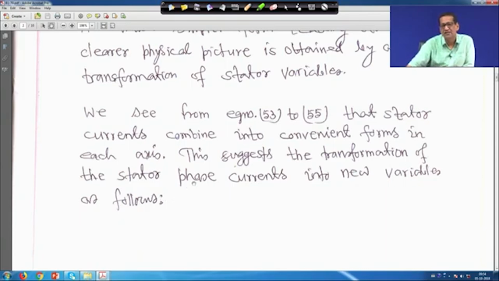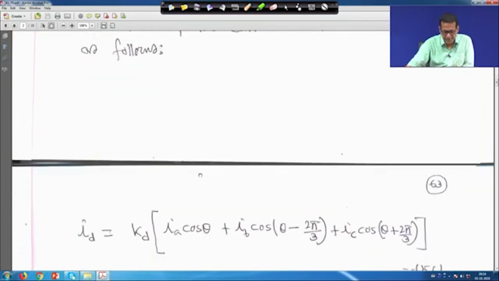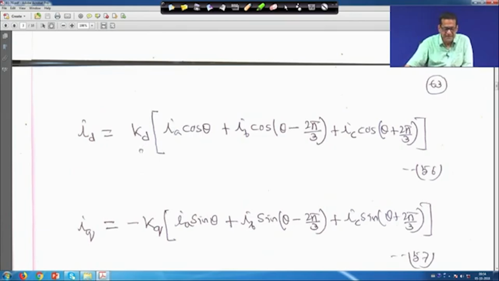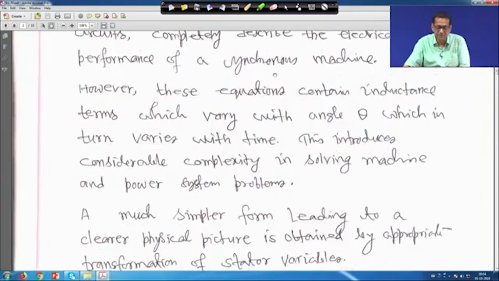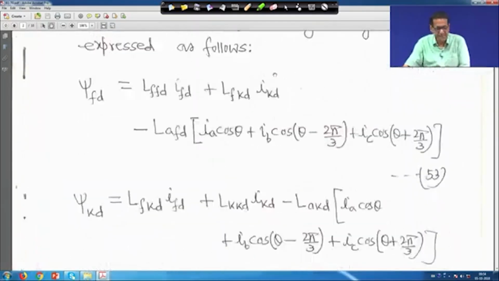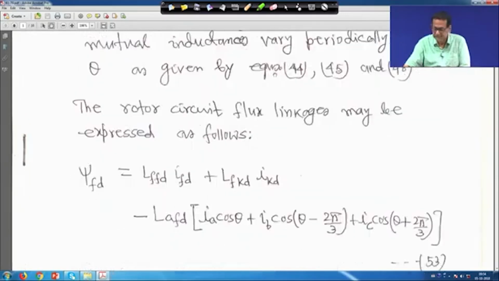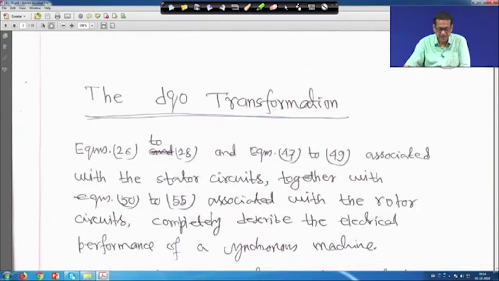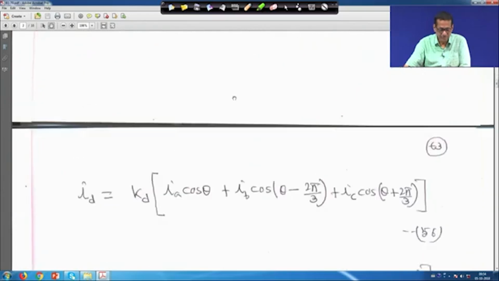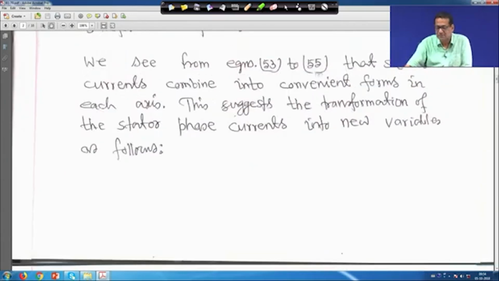So we are going for dq0, that is direct axis, quadrature axis and stationary axis, this transformation.